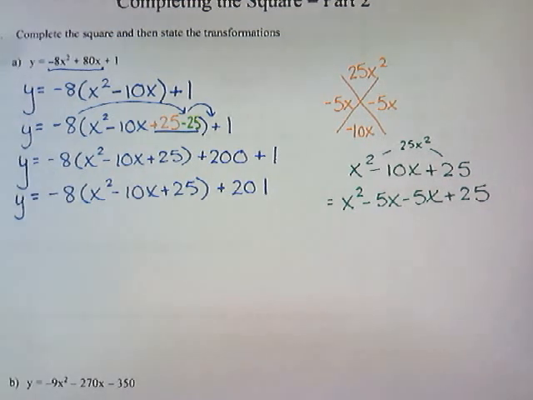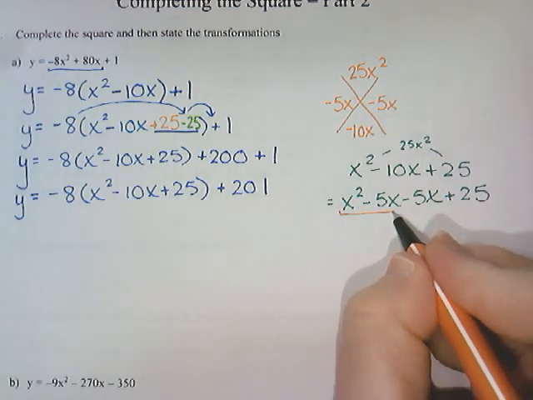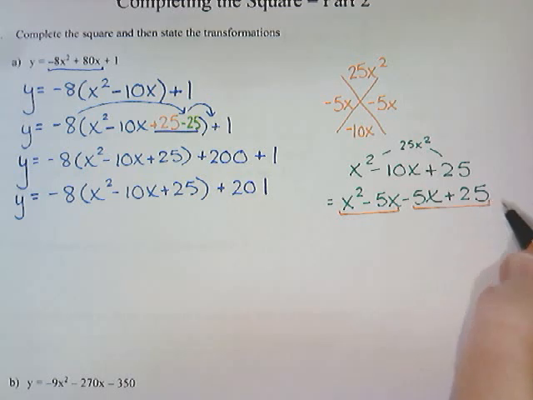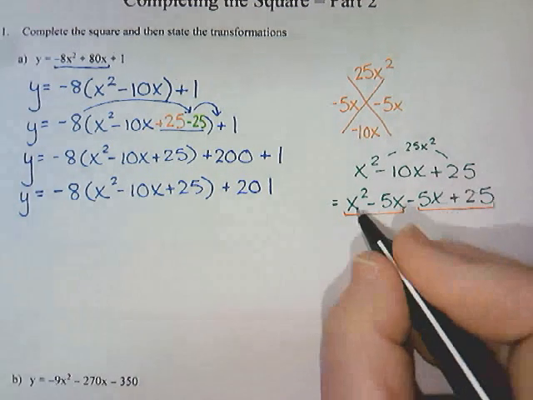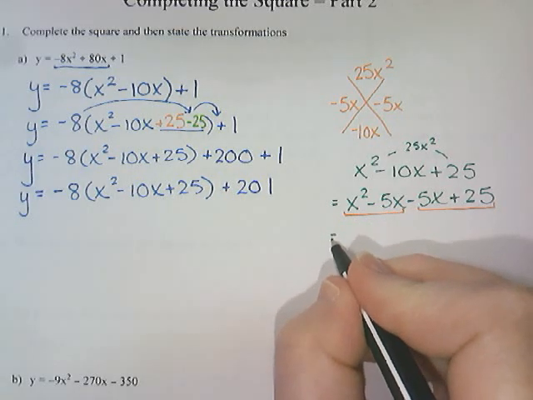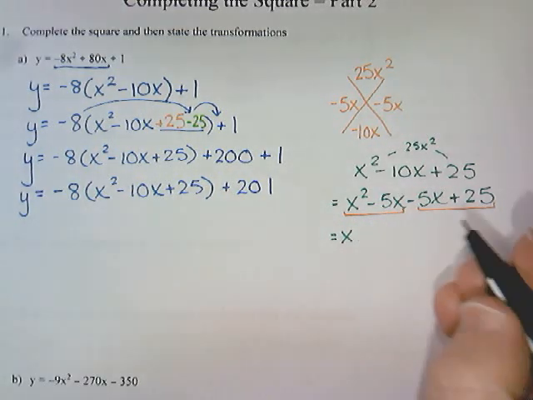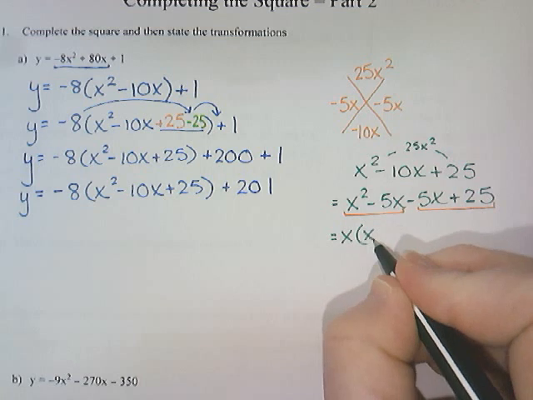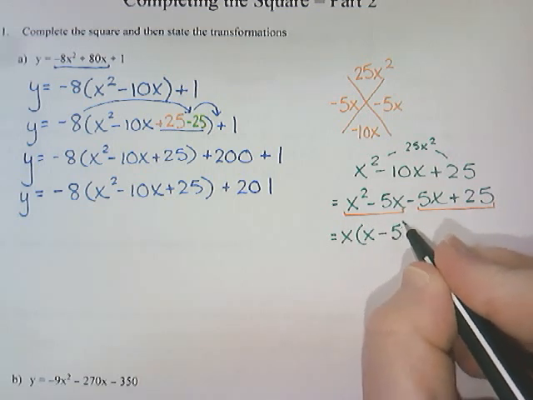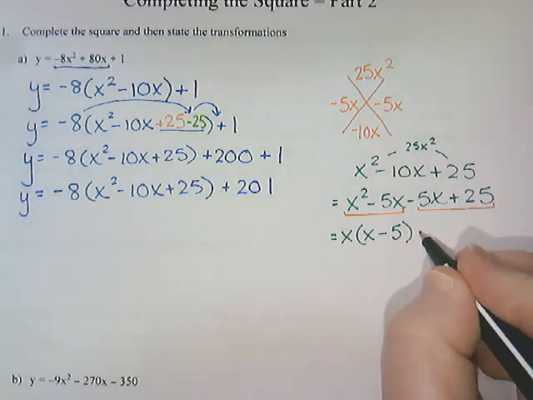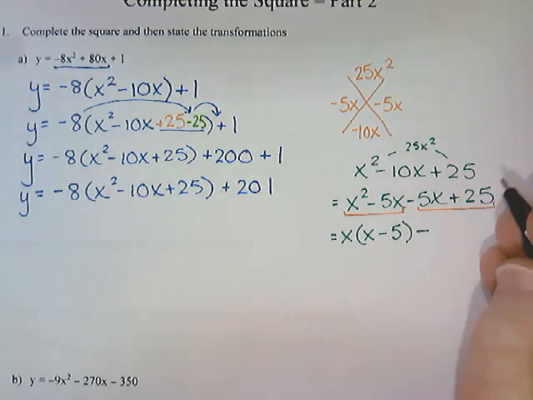And then I am going to group together the first two and group together the last two and take out whatever they have in common. So the first pair, they both divide by x. X squared divided by x is x. Negative 5x divided by x is negative 5. I always take the sign from the middle, so that's a minus.